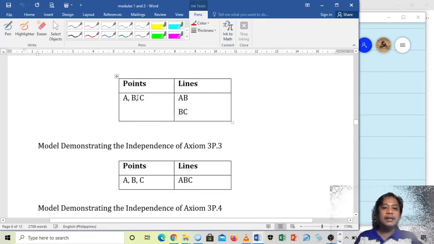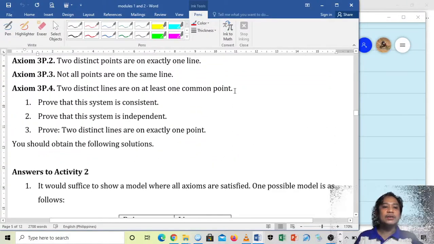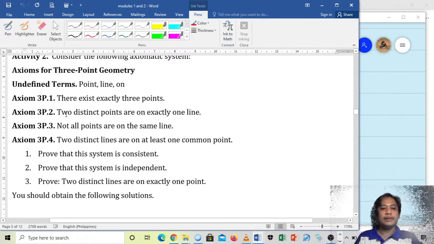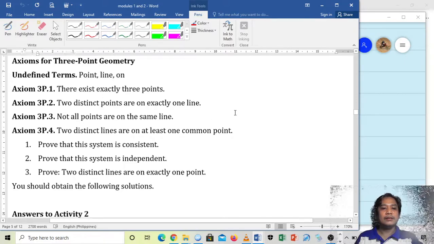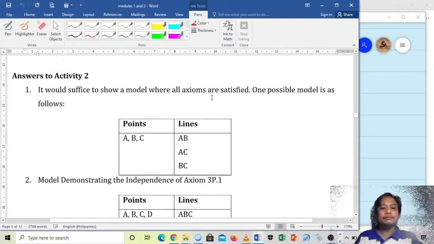A, B. AB and BC, but there is no line containing AC. So, this does not satisfy axiom 3p.2.